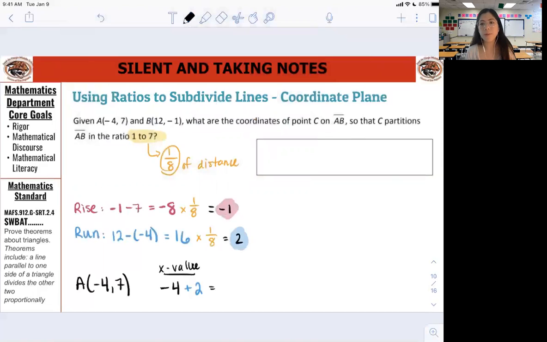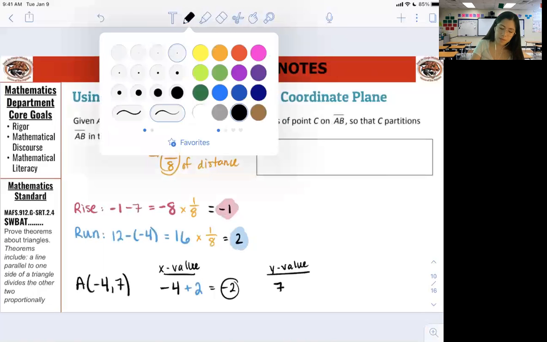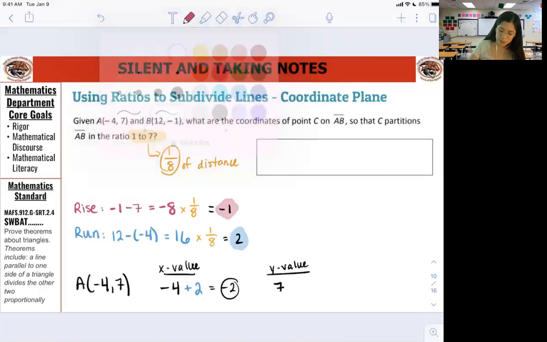-4 plus 2 gives me -2, good. And now the y value, 7 minus 1, right?